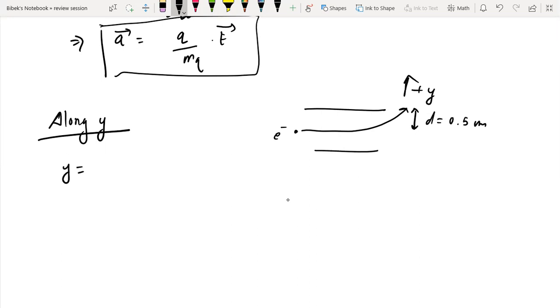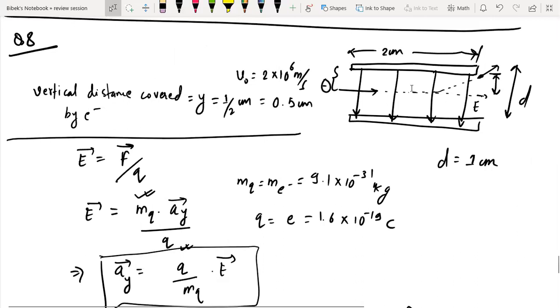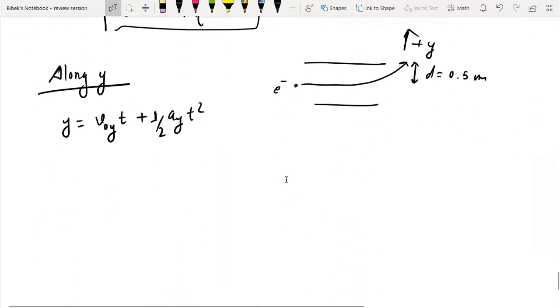You have a kinematic equation: V0Y, the initial velocity, times T plus half acceleration Y T squared. And this is AY, the vertical acceleration, which is pulling the charge towards the plate.